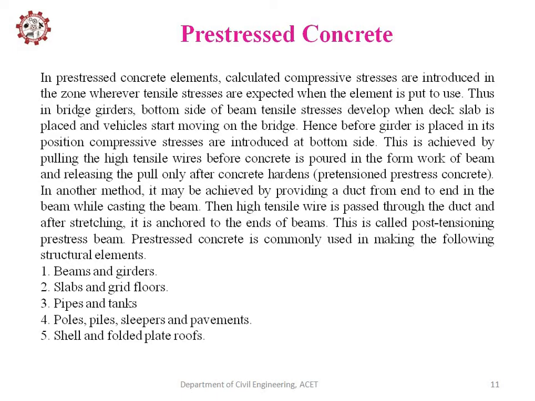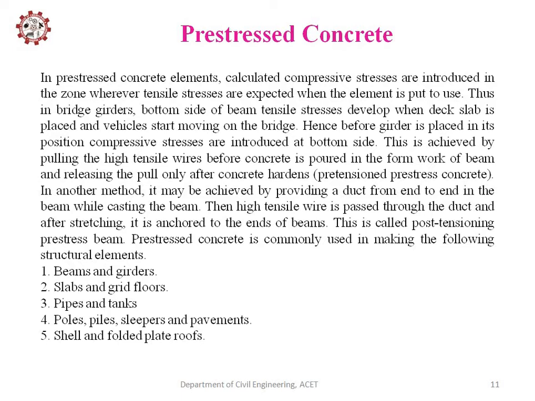This is achieved by pulling the high tensile wires before concrete is poured in the formwork of the beam and releasing the pull only after the concrete hardens. This is pre-tensioned pre-stressed concrete. Another method may be achieved by providing a duct from end to end in the beam while casting the beam.